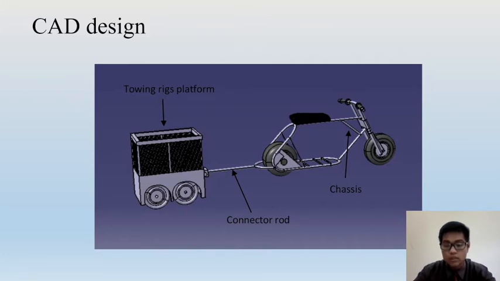This smart transporter design will be based on a lightweight design, and the material that will be used for this structural analysis is aluminum alloy. The reason that we use aluminum alloy is because the material is easy to weld to form the shape of the chassis, connector rod, and towing rig's body, and it's also easy to cut.